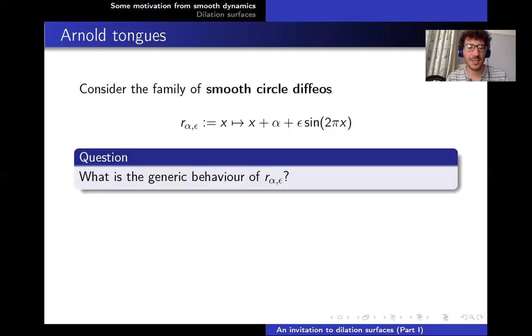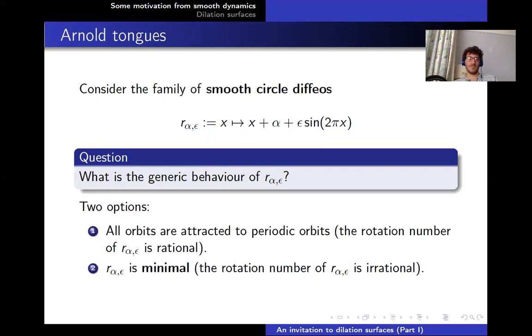And you still ask the question. Now I have a parameter space which is two-dimensional, alpha and epsilon. What is the generic behavior? It's not an easy question, and I just want to start by making the following remark. At the level of the structural theory of so-called diffeomorphisms that has been worked out with the theory of the rotation number, what you can see is that you don't have that many options in terms of potential behavior.